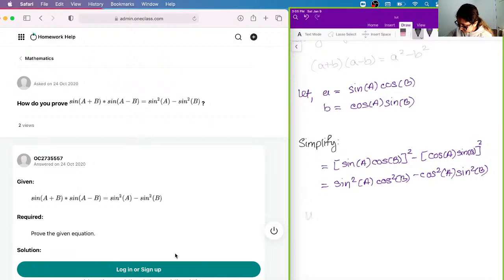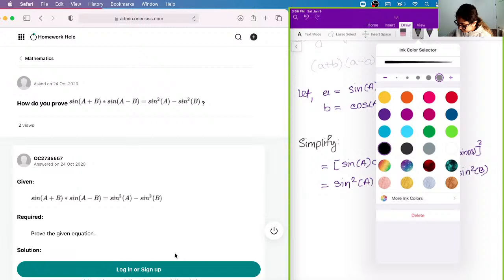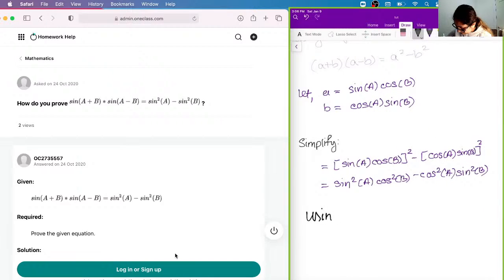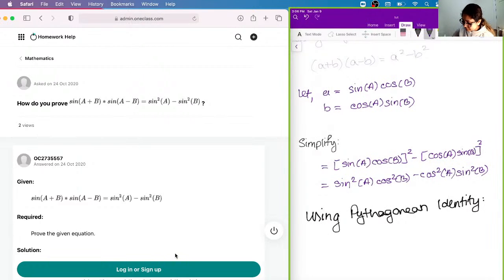Using the Pythagorean identity, we know this one, let's say x: sine squared of x plus cos squared of x equals 1.